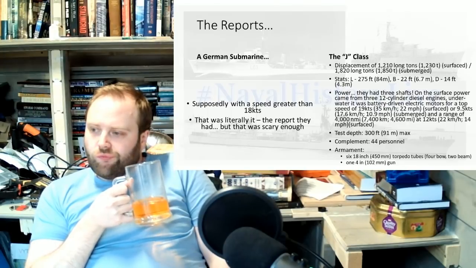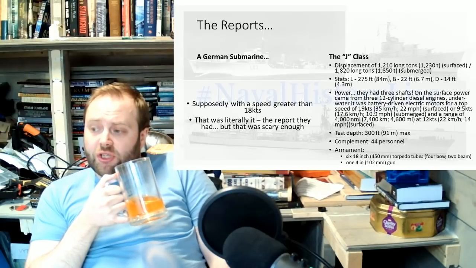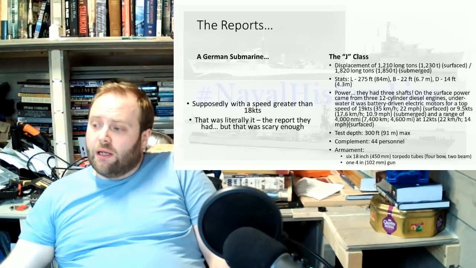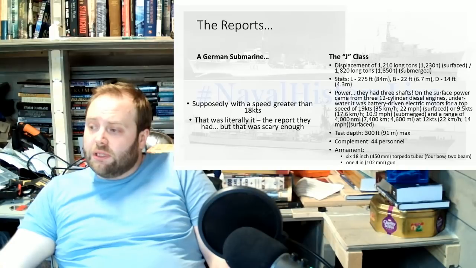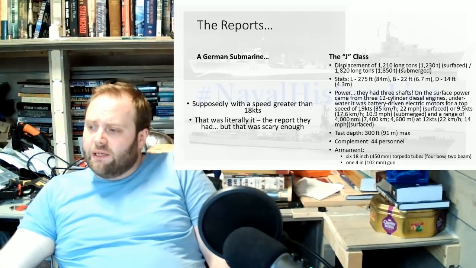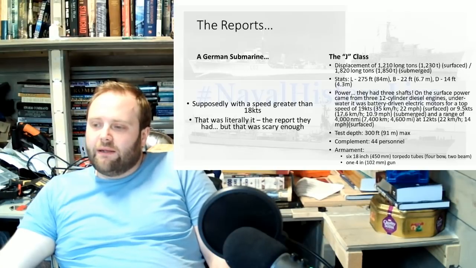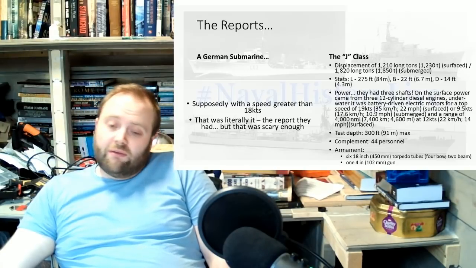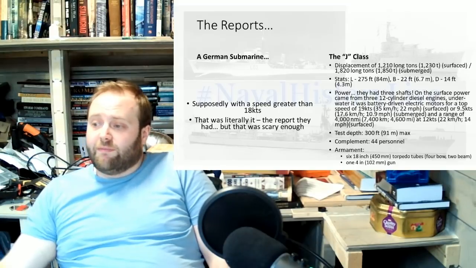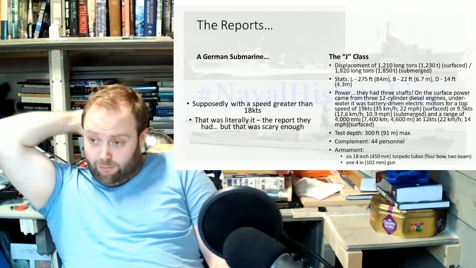One managed to hit the SMS Grosser Kurfürst and the SMS Kronprinz, damaging those two particular ships, but doesn't actually achieve much more than that. They literally damage two König class, though. So let's be honest, that's kind of better than some results.